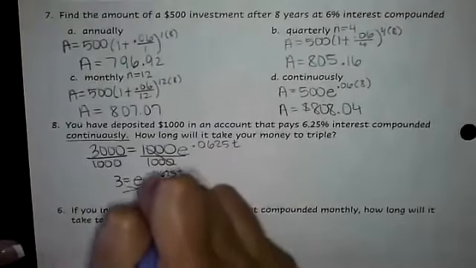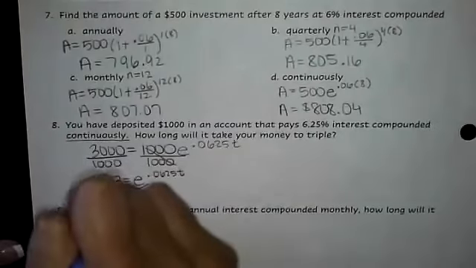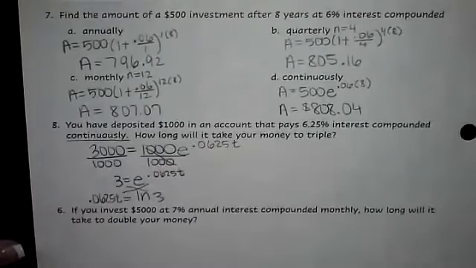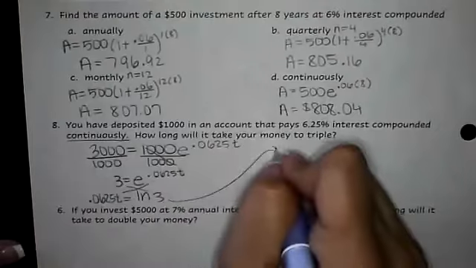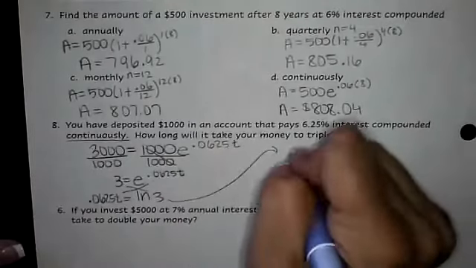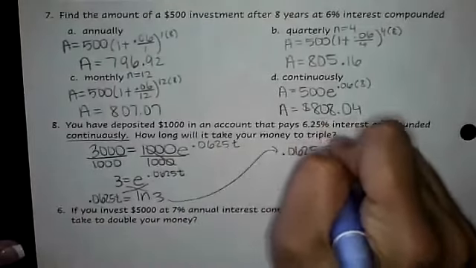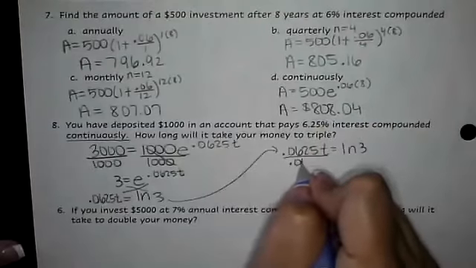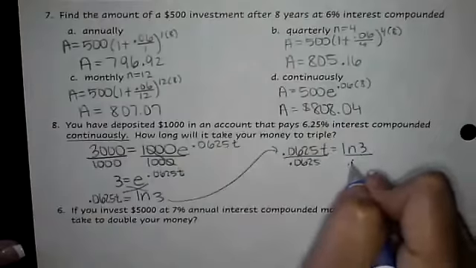And then we switch, so 3 is equal to 0.0625t. I've run out of room over there, so I'm going to go over here. So now I divide by 0.0625.